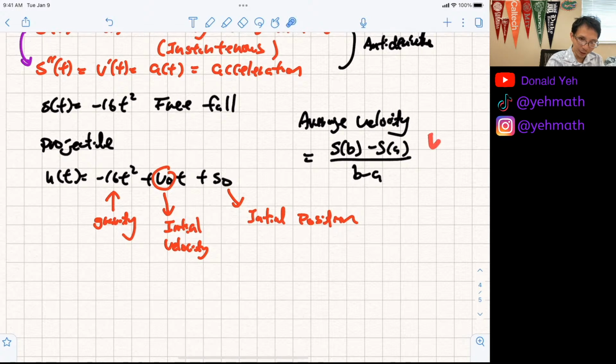It's not V of b minus V of a, because this is bad. It's actually changing position. Please understand, average velocity is changing position over changing time. If you have changing V over changing time, it's called average acceleration. Normally, you don't need average acceleration, but on the AP exam, it's been asked before. So please don't get confused.